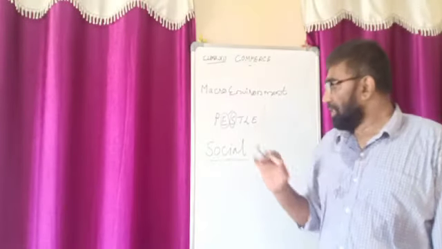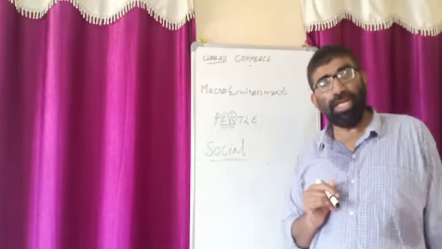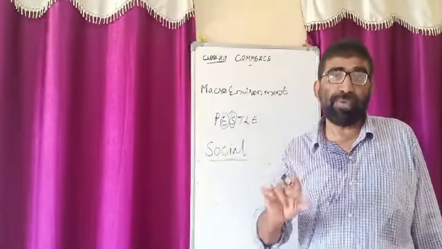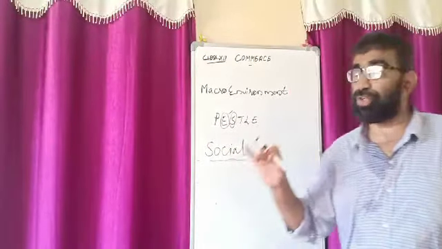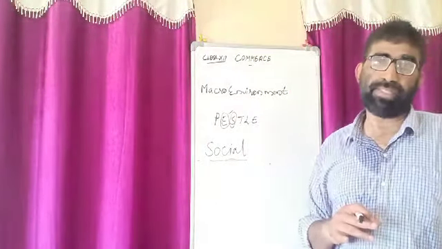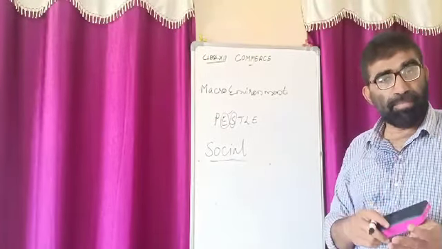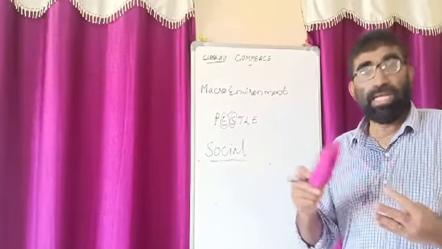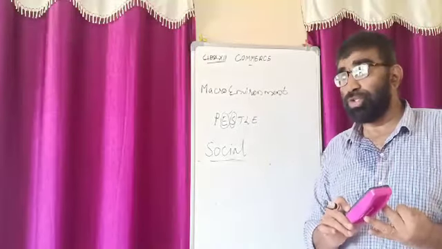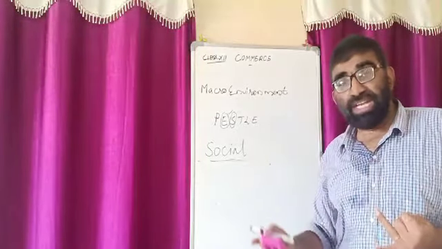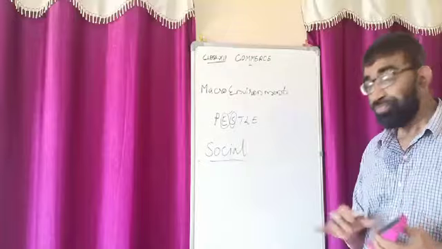See, social environment is very important. It has a significant role in the existence or the operation of the business enterprise. So, income level, people's income increased, middle income increased, literacy increased, and because of the growth of population and income, what happened here?